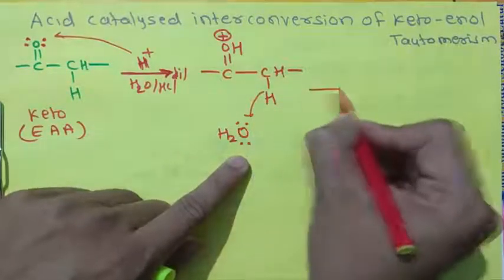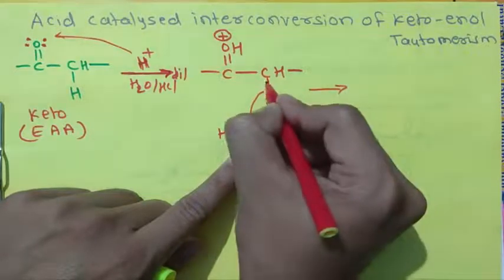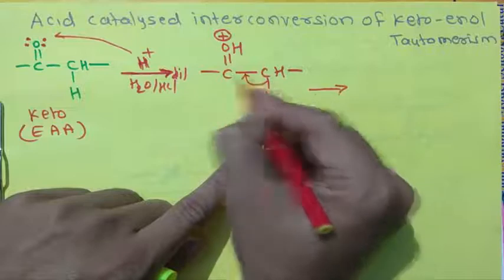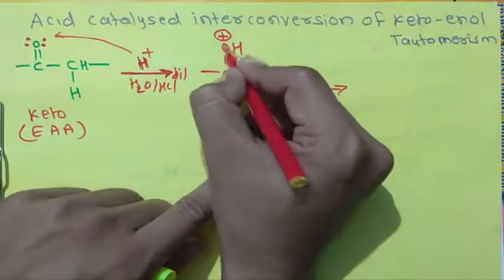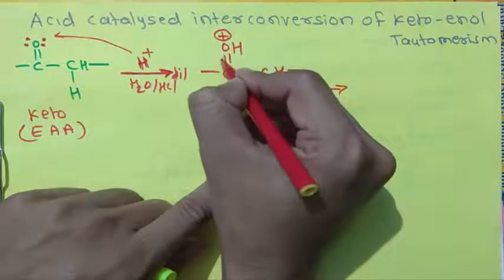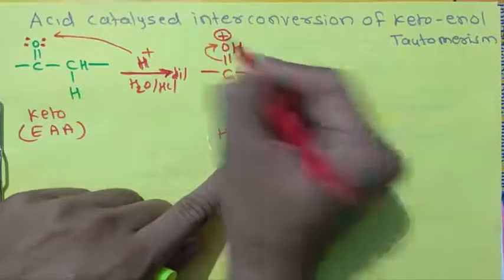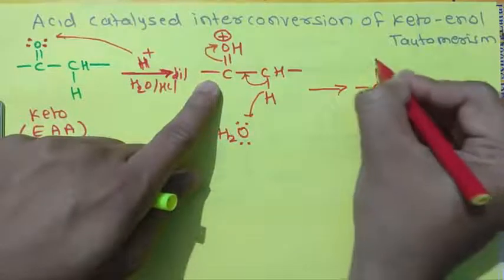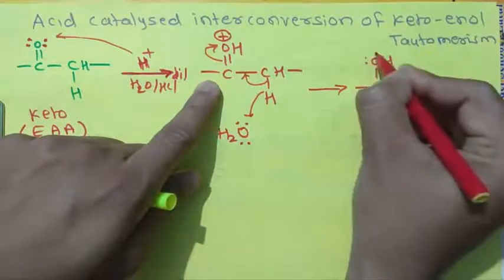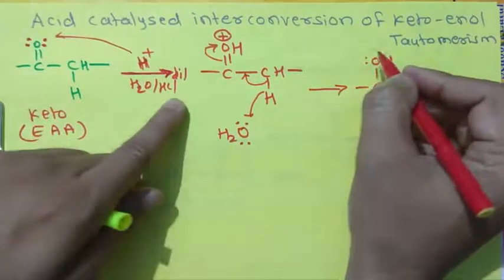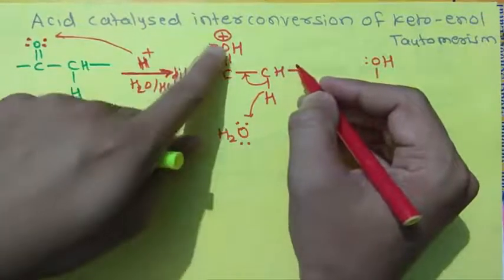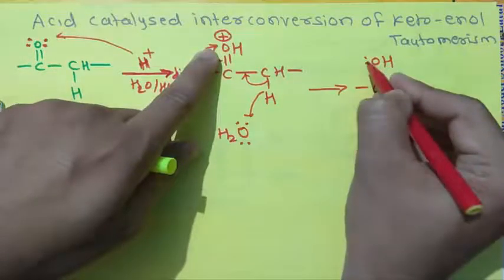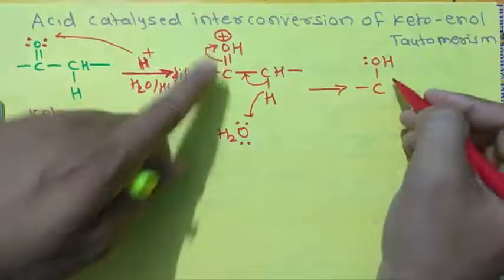Due to abstraction of the proton, the bond shifts between carbon and carbon. The lone pair of electrons used by this oxygen atom is regained, and the positive charge is nullified. So we get C, O H, with the lone pair regained by the oxygen atom.